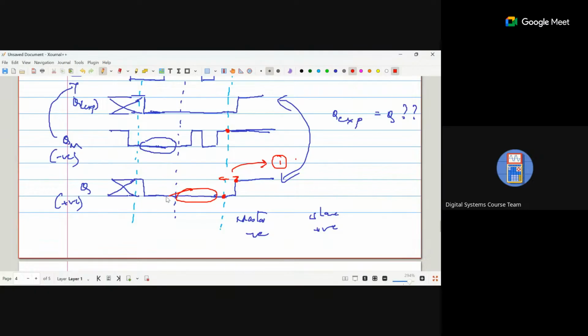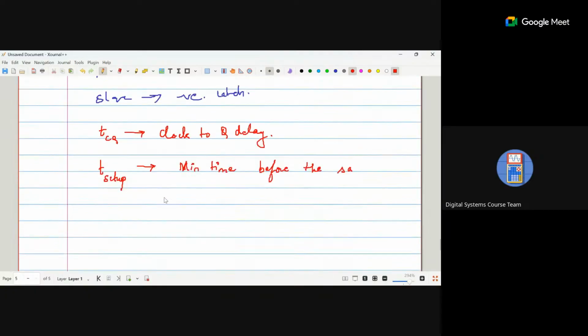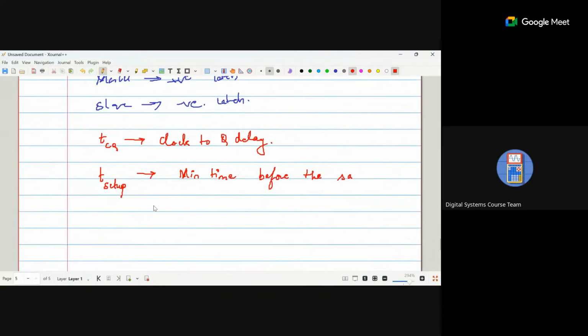There is no change in the output. That is the sampling state. So the minimum time before the sampling edge, when the data should be stabilized, is called T setup.